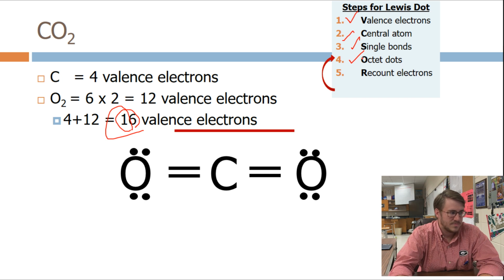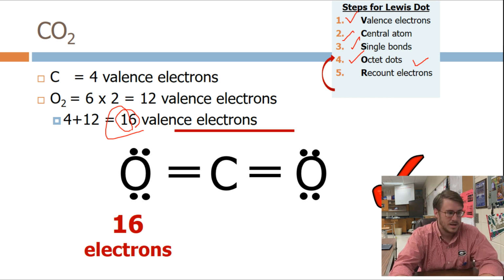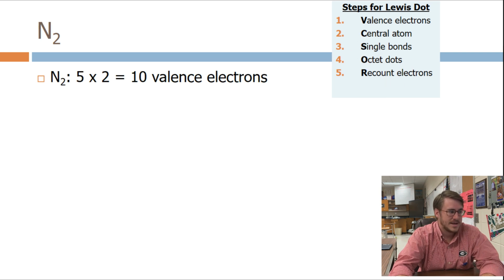And now do I still have the 8? 2, 4, 6, 8 for oxygen, 2, 4, 6, 8 for carbon, 2, 4, 6, 8 for oxygen. The 8 rule is satisfied. Now the recount, 2, 4, 6, 8, 10, 12, 14, 16. That's our total, and it's satisfied. You see how this works. The extra bond satisfies the total recount and also satisfies the octet dots as needed.